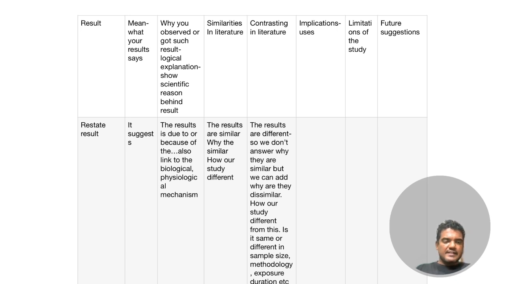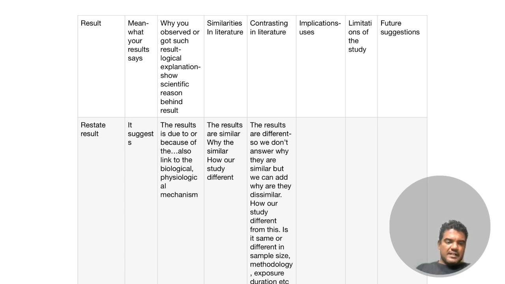This is to provide scientific evidence for our hypothesis. Definitely our hypothesis must be backed up by the scientific literature available. Even when we suggest a research gap, we find out this research gap based on the scientific literature available.